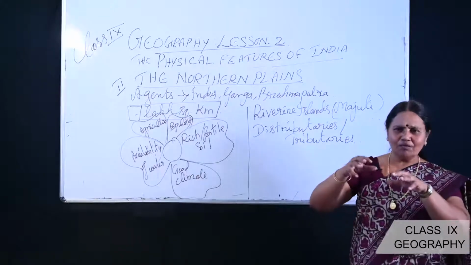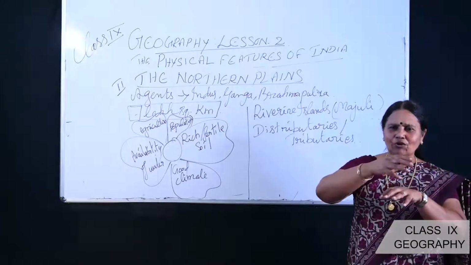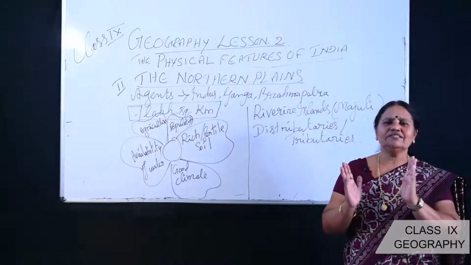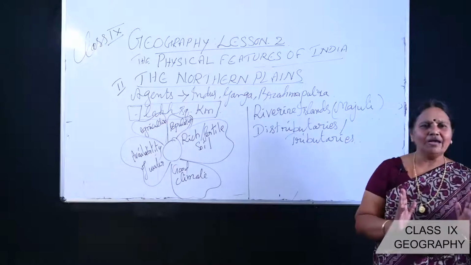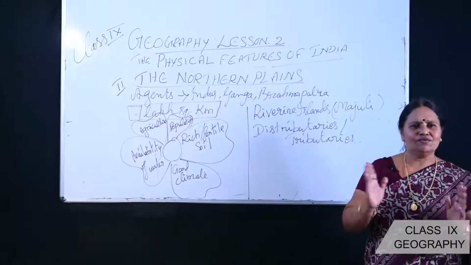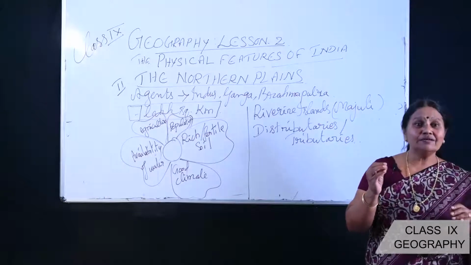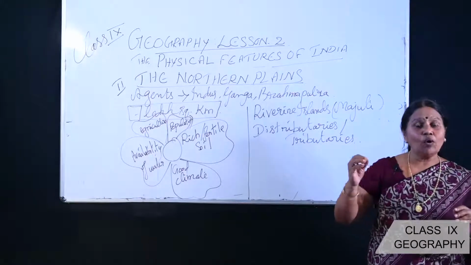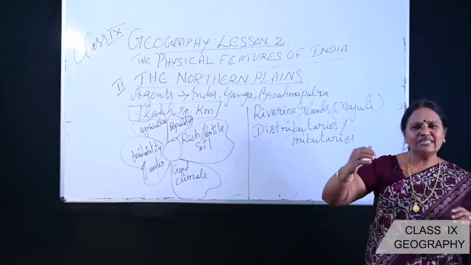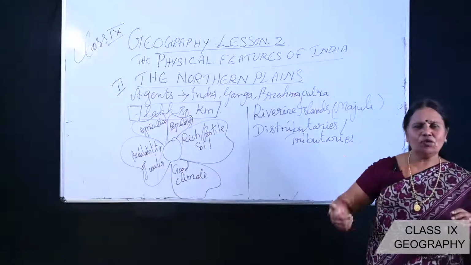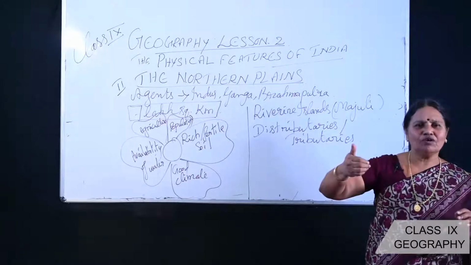When the soil is deposited by the river and surrounded by river water, such an island is called a riverine island. What do you mean by riverine islands? The islands formed by the rivers in their lower course. Why? Due to the gentle slope. Because of the slope, the river speed is slowing down.